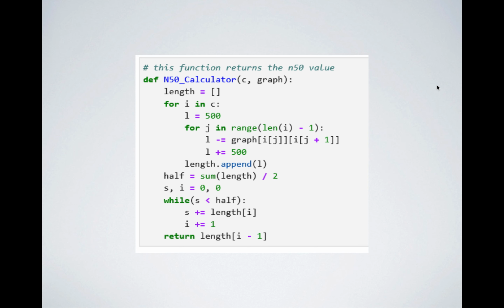But due to the technical difficulty and time difficulty, we did not get the chance of finishing all the data. But that N50 value of 1,500 should give you a clear view that our algorithm is good enough to solve this challenge. Thank you.